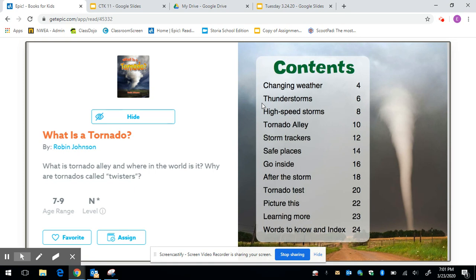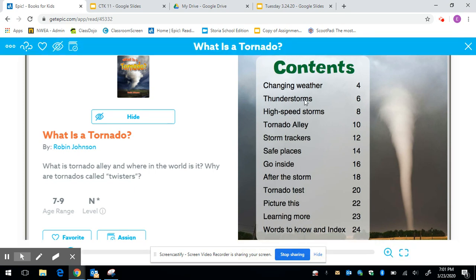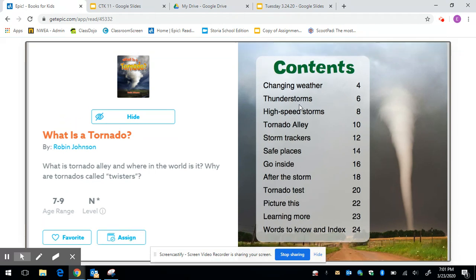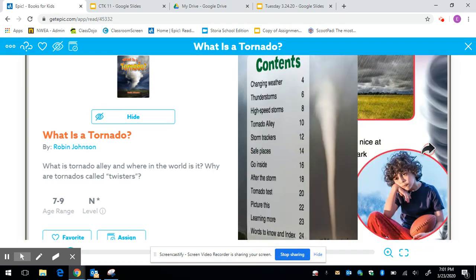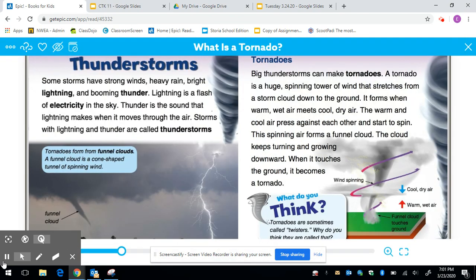So I see that there is a page in this book, page 6, that has something to do with thunderstorms. So I'm thinking I'm going to start with page 6 and see what it says to find out the information that I'm looking for of comparing thunderstorms and tornadoes. So I'm going to go ahead and flip to page 6.